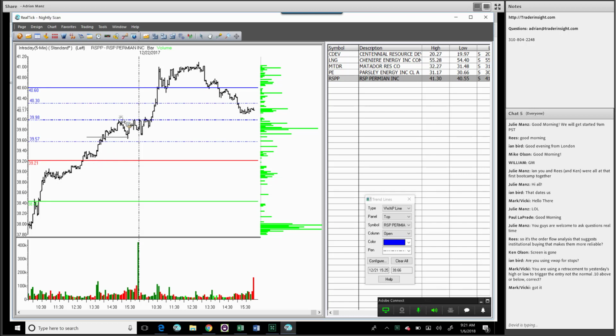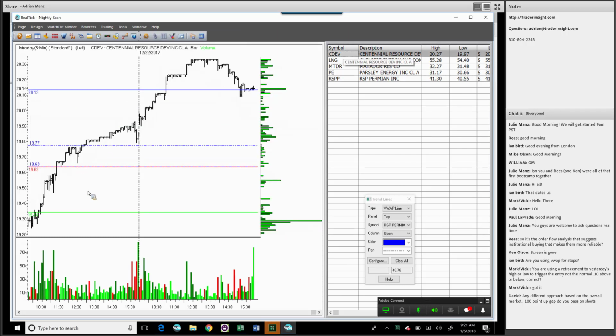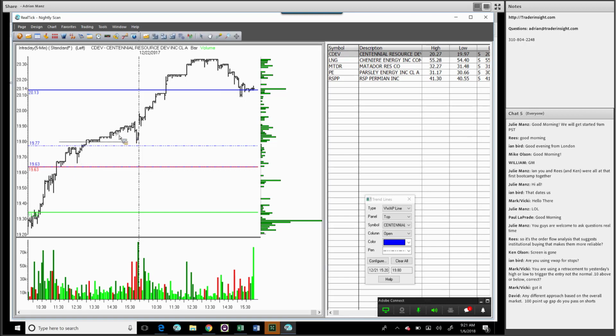All right, so what we're doing is just sort of eyeballing where the volume weighted average price is. So I'm a little bit richer on the stop at 39.57. But if you go through these one after the other, that's certainly a strategy that I always like for establishing your acceptable stops.